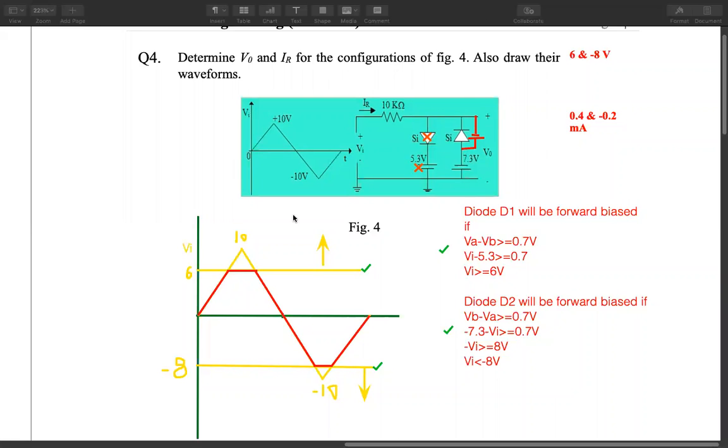And then consider one diode for forward case, and then consider the second diode.